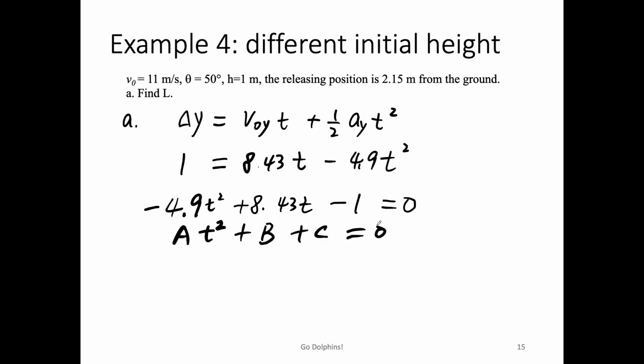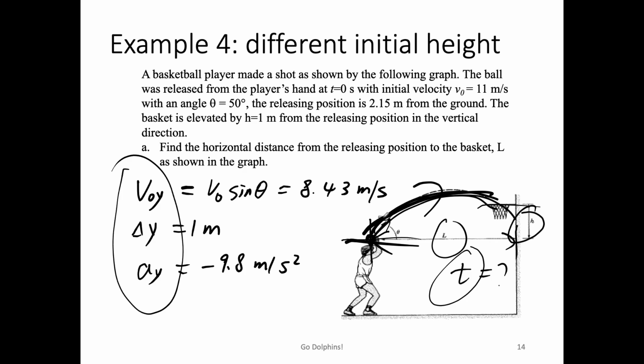I use a program that I put on BB, on how to solve a quadratic equation on your calculator. And I found there are actually 2 solutions. Which t should I choose? Here you see delta y is 1 meter, so there are 2 possibilities for delta y being 1 meter, depending on where the ball is.